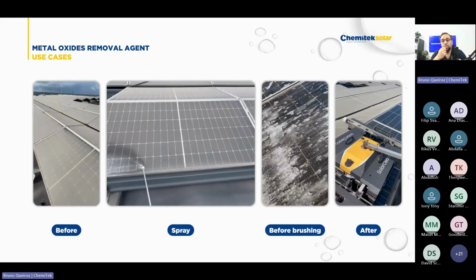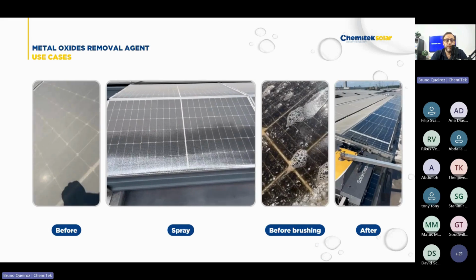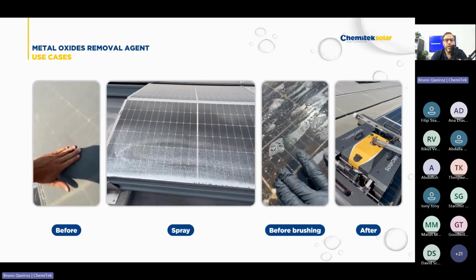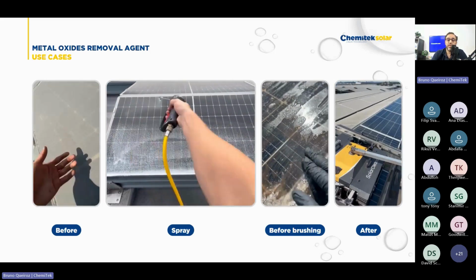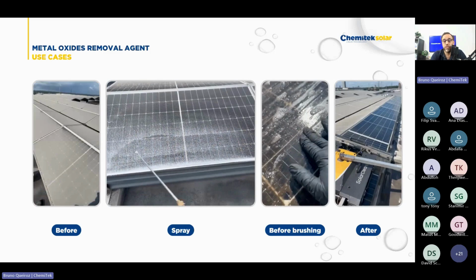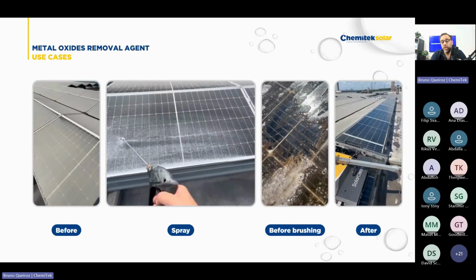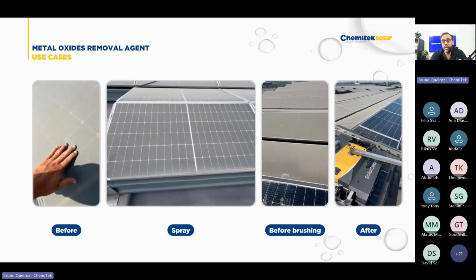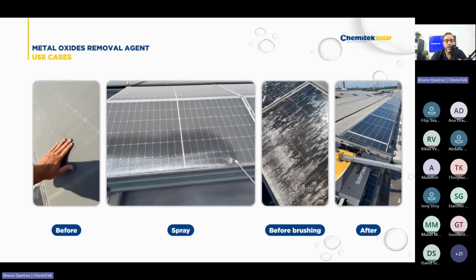The metal oxides removal agent is very similar to the CRA when it comes to being used. On some types of metal oxides, you can see a reaction like the one you see on the spraying stage. On some other types of metal oxides, the reaction will not be so noticeable.